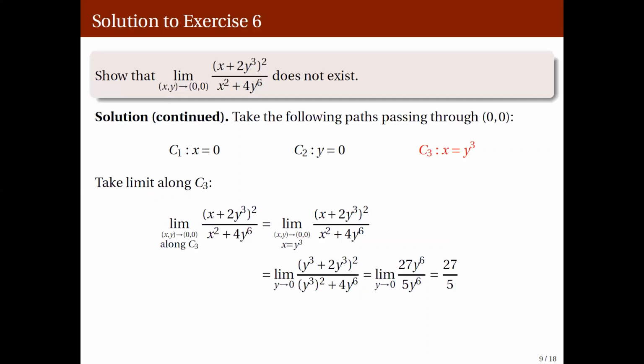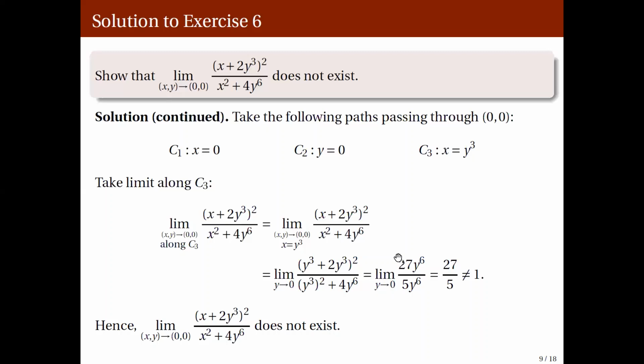Pretty much different from 1. It's, yeah, 27/5. So from there, yan yung gusto natin. To conclude what we want. So the limit indeed does not exist. Okay? That is item number 6.